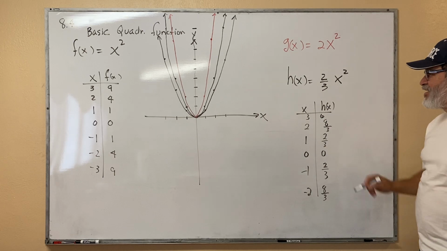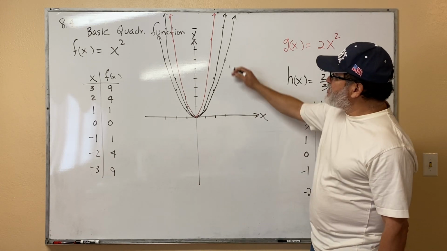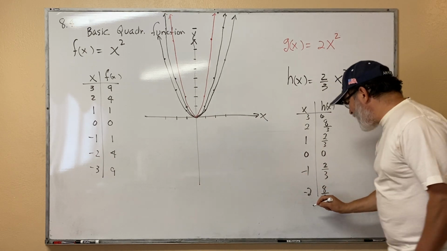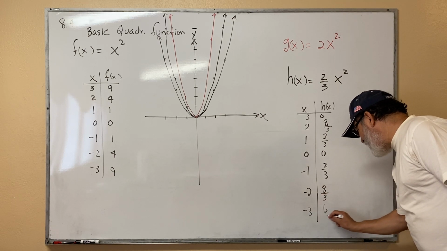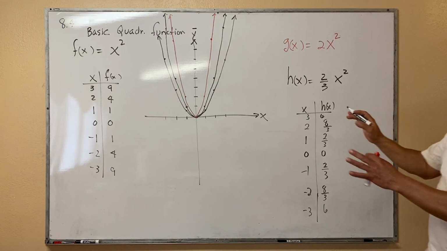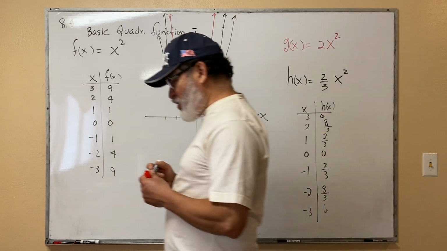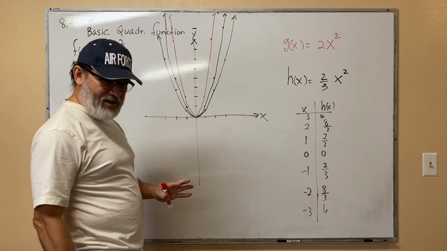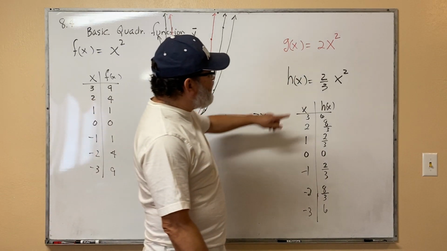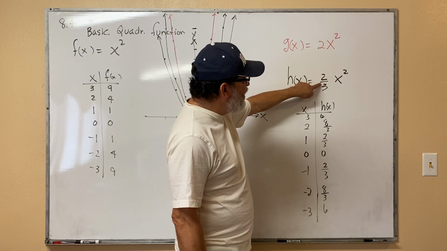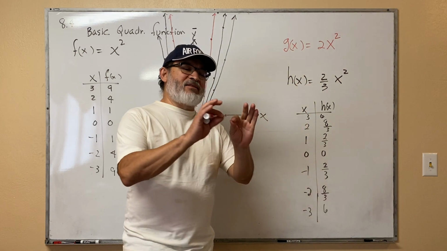You see? Plug in 3 and you get 6. Plug in -3 and you also get 6 again. So we got it right. If this is ever negative, the parabola opens down.